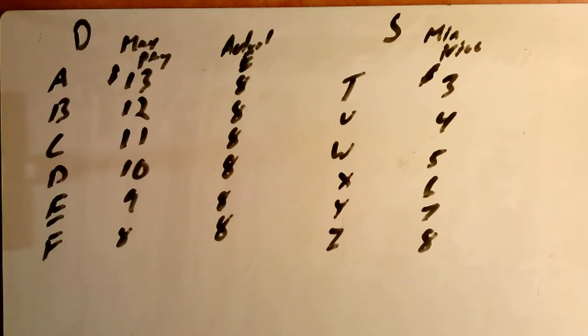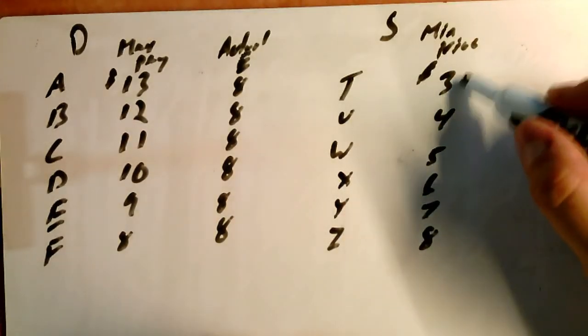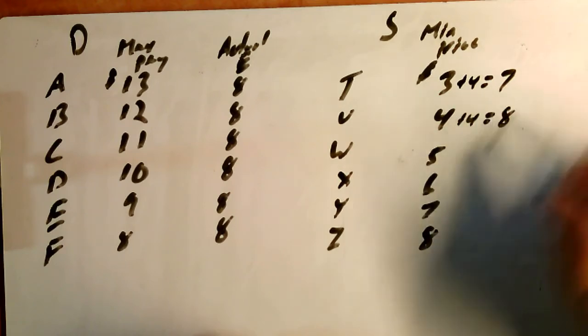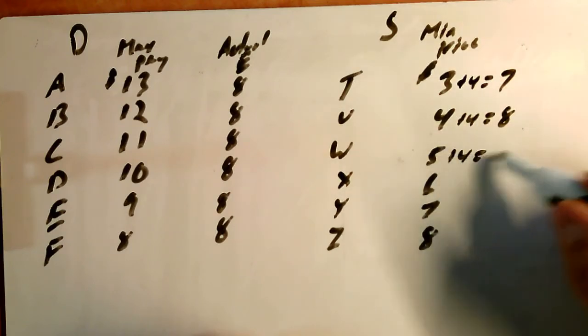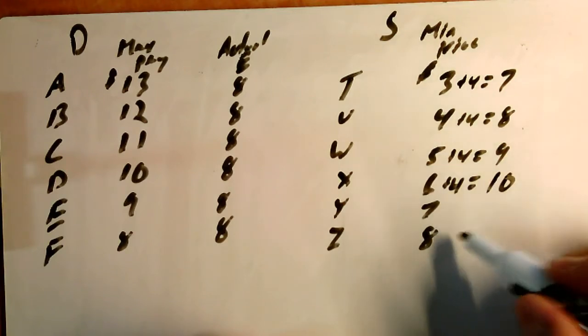Producers must now pay an additional $4 on top of production costs. This implies that the minimum acceptable price for, say, T is now $7, because 3 plus 4 is equal to $7. 4 plus $4 is equal to $8. 5 plus 4 is equal to $9. 6 plus 4 is equal to $10.